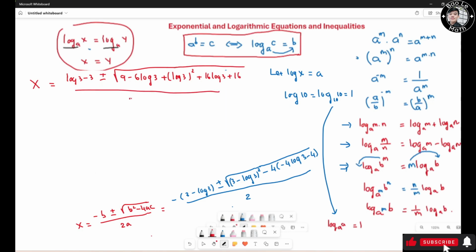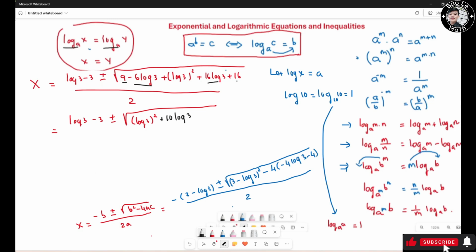over 2. Alright, so it's going to be log 3 minus 3 plus and minus square root of, now log 3 square, I just rewrite log 3 altogether square. Now this guy right here and this guy right here, I simplify it, so it's going to be plus 10 log 3, right?